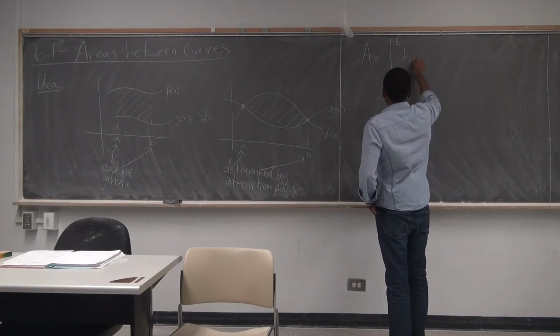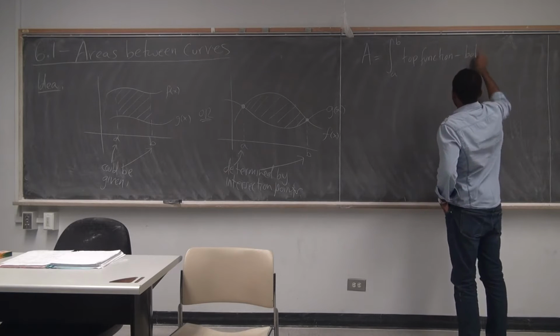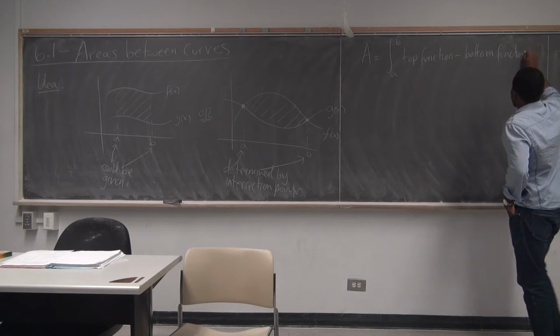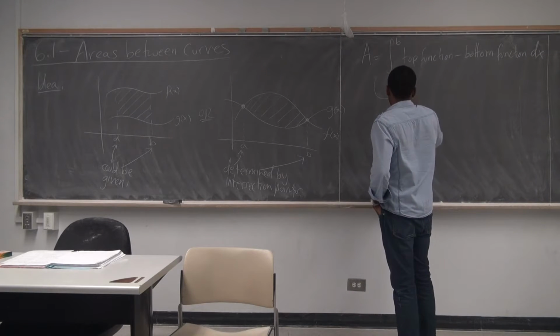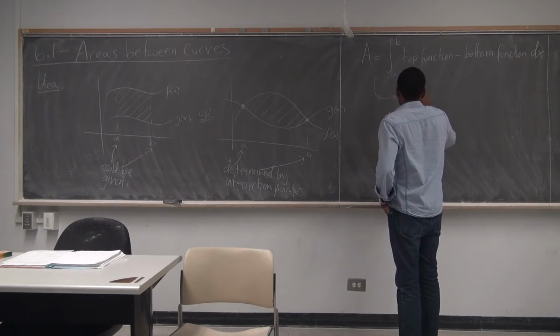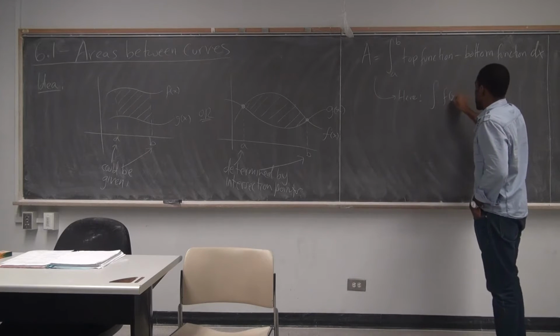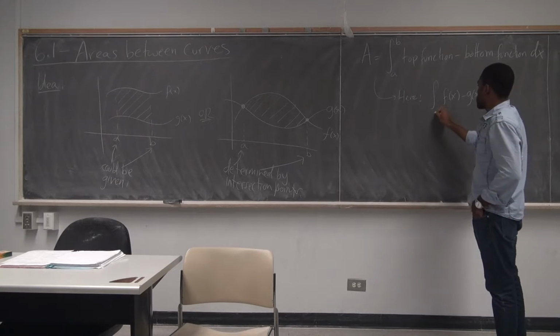Right, the top function minus the bottom function, dx, which in this case would just be the integral of f of x minus g of x dx between A and B.